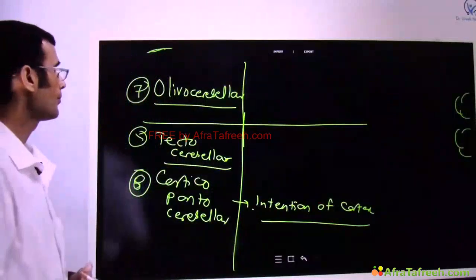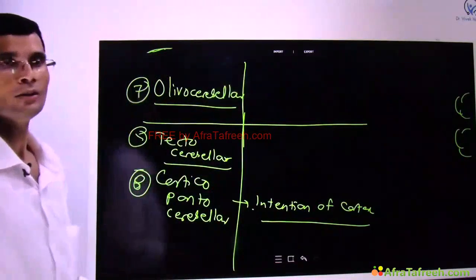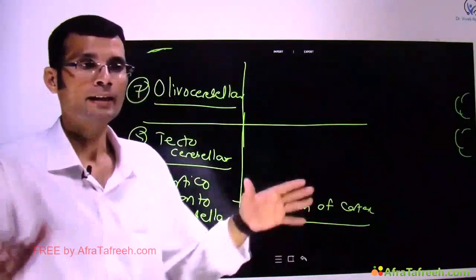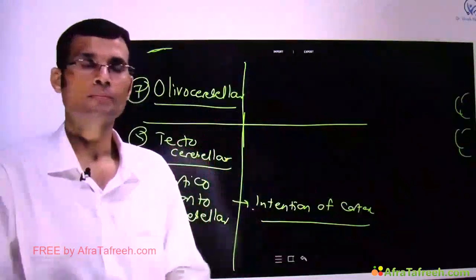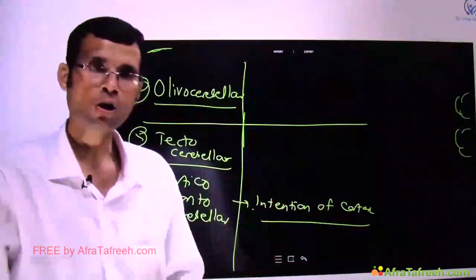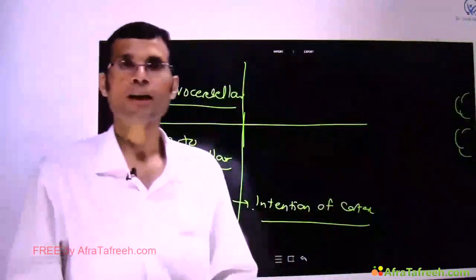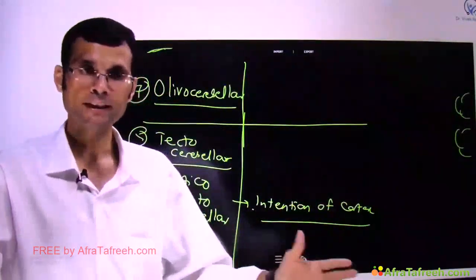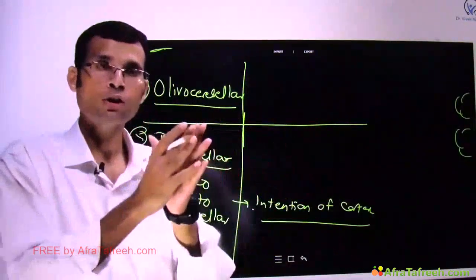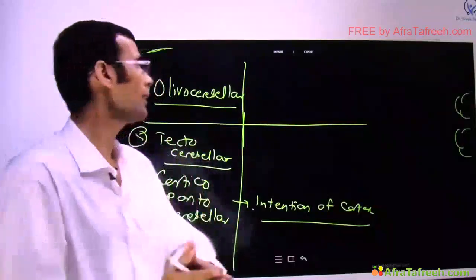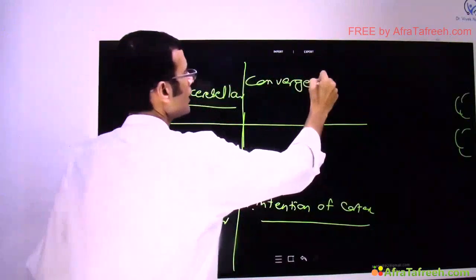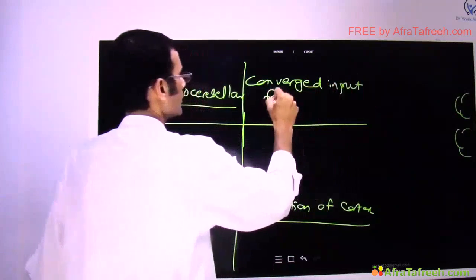What does it carry? You see, all these areas and tracts that I have mentioned so far, they send fibers directly into the cerebellum. The single fibers from those sources will come and go into the cerebellum, or one more set of fibers arising from these multiple sources will come and first converge on the olive, and a single bundle will go into the cerebellum as the olivocerebellar tract. So, converged input from multiple sources.